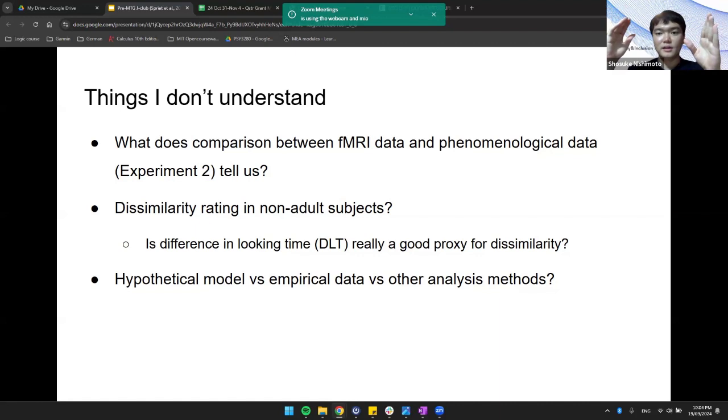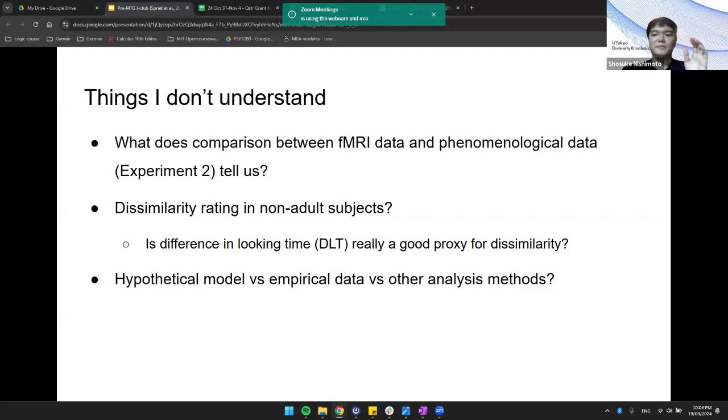But you said before, in my understanding, the hypothetical model really matches the DLT data from adults.